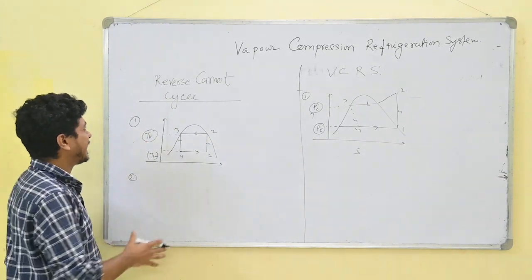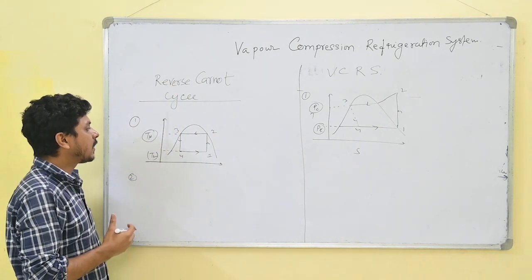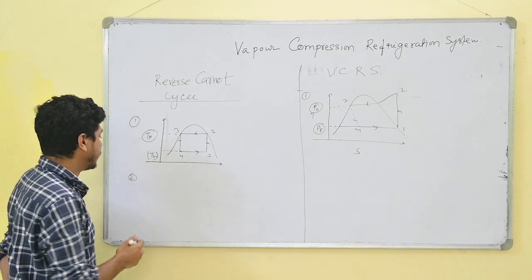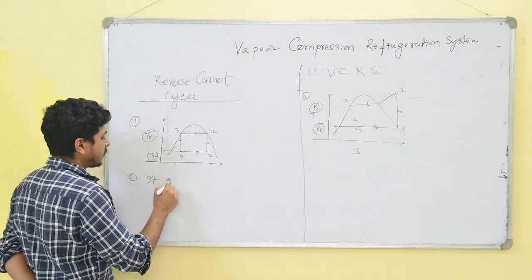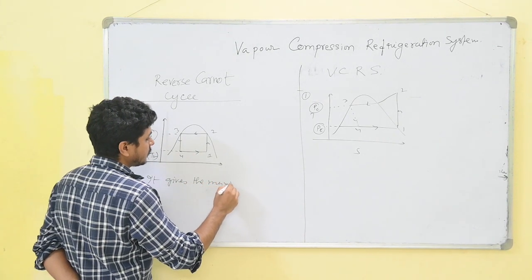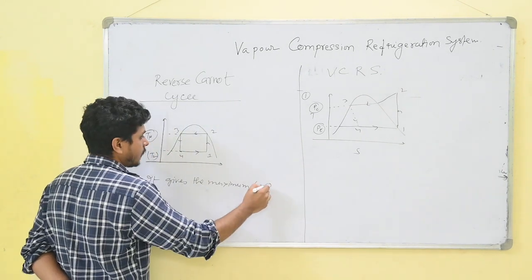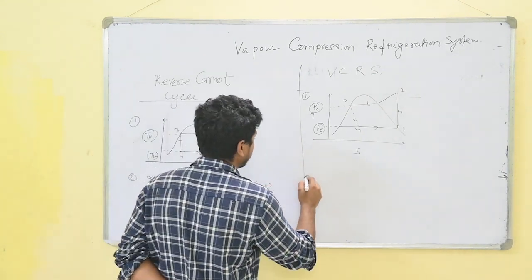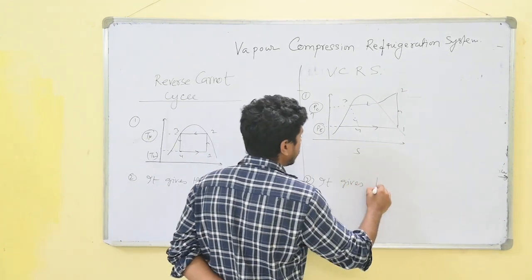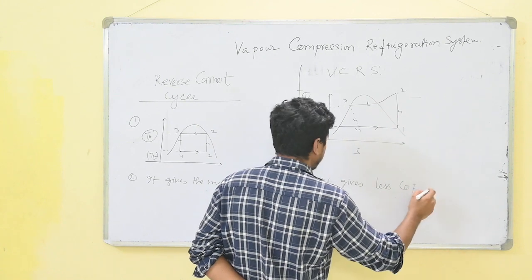The reverse Carnot cycle we analyze because it gives the maximum coefficient of performance, while the vapor compression cycle gives less coefficient of performance.